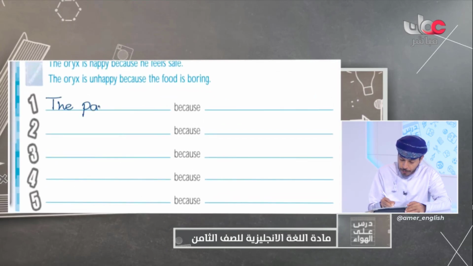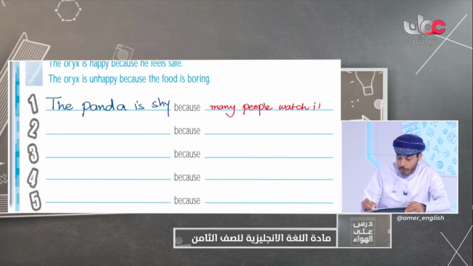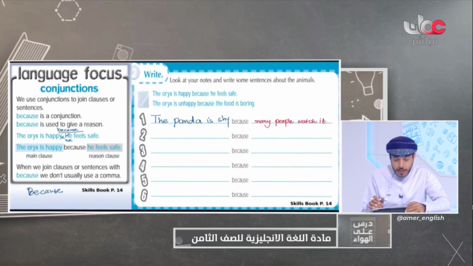The panda is shy because it is watched by many people, or we can say because many people watch it. Okay, so this is how we develop different sentences using the conjunction 'because'.